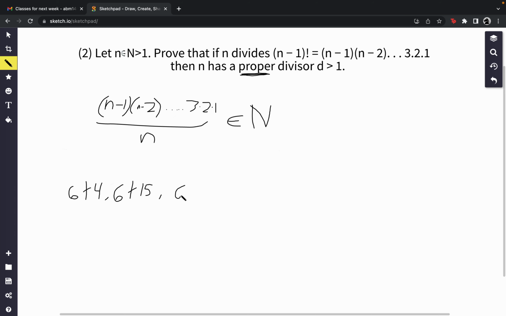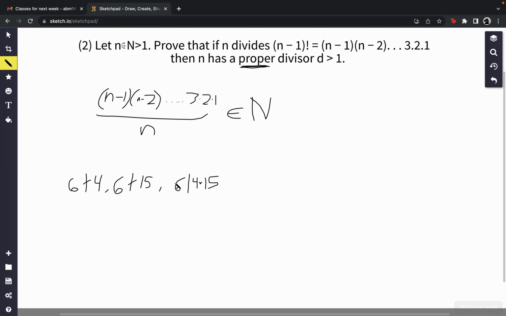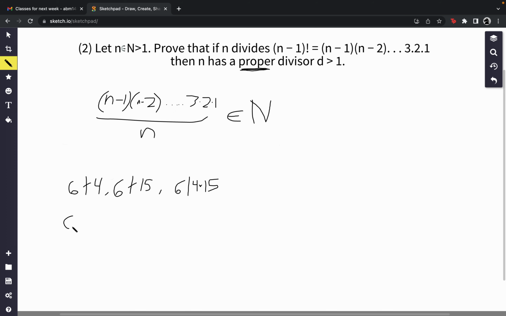But 6 does divide 4 times 15. And why is this the case? Because 6 breaks down into 3 times 2. It's very important that 6 is not prime for this example.